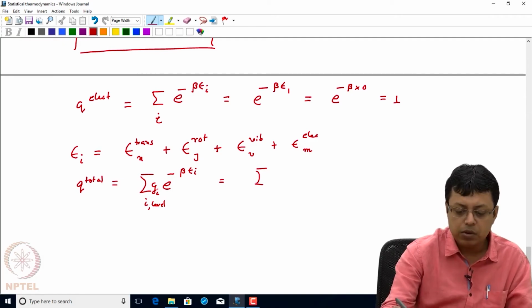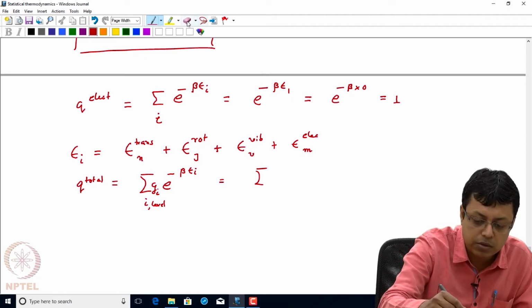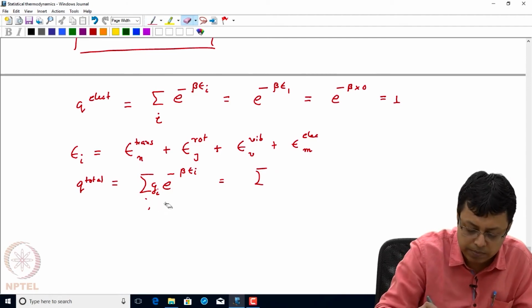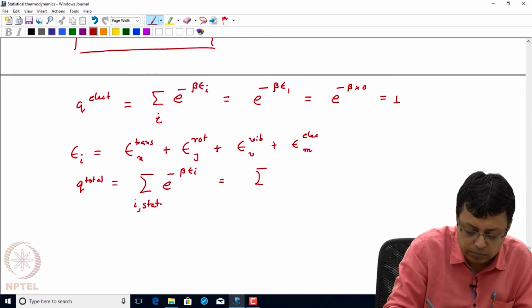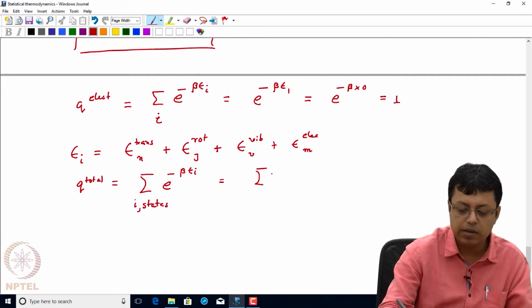We can use the state level here, because we're just talking about states right now, and then we can convert it into levels.